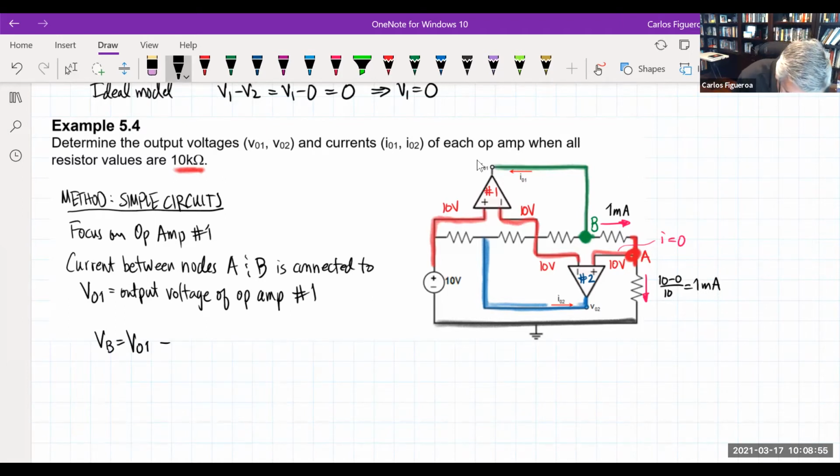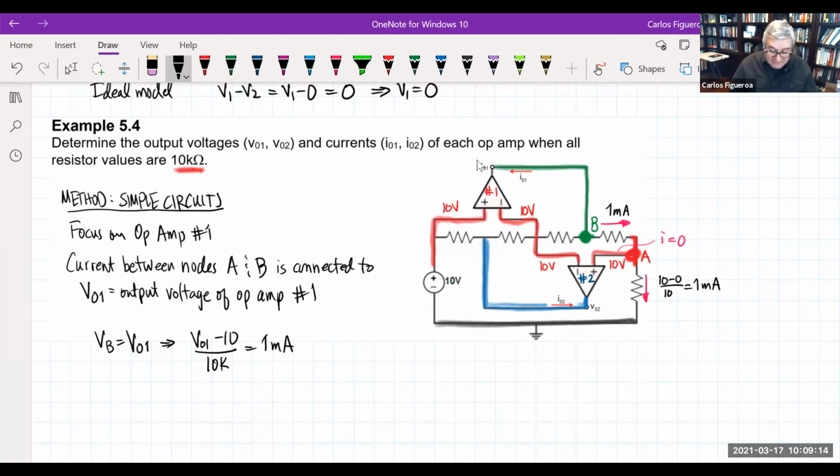So this tells me here that the current of that guy should be what? It should be VO1 minus 10 divided by 10K is going to be 1 milliamp.